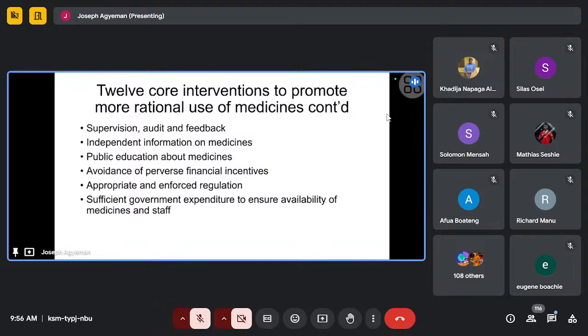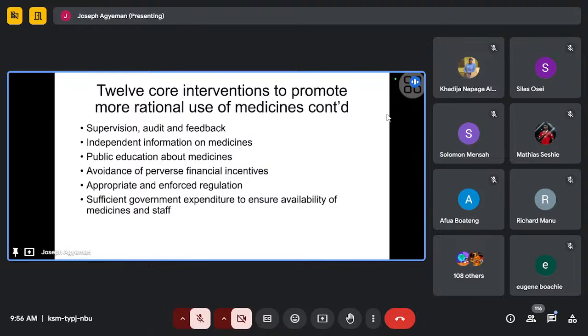So these are some of the interventions that can be put in place to try and solve irrational use of medicines. Should you be asked to discuss the problem of irrational drug use or inappropriate drug use, or discuss issues about rational use of medicines, obviously your approach should be first giving the definition of rational use of medicines and stating that anything that goes against those 4 principles creates a case of irrational or inappropriate drug use.